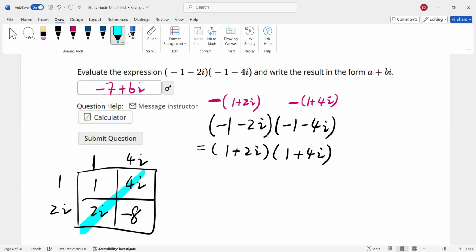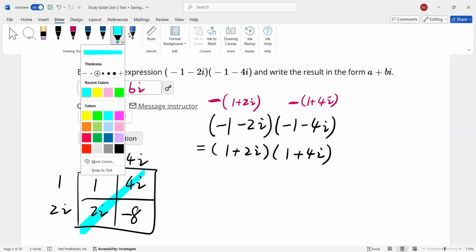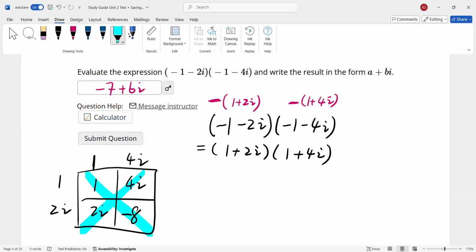Not cross multiply, okay? I didn't mean that. Same color can be combined. Negative 1, positive 1, negative 8, negative 7. 4i, 2i, 6i. So same as your answer, right?